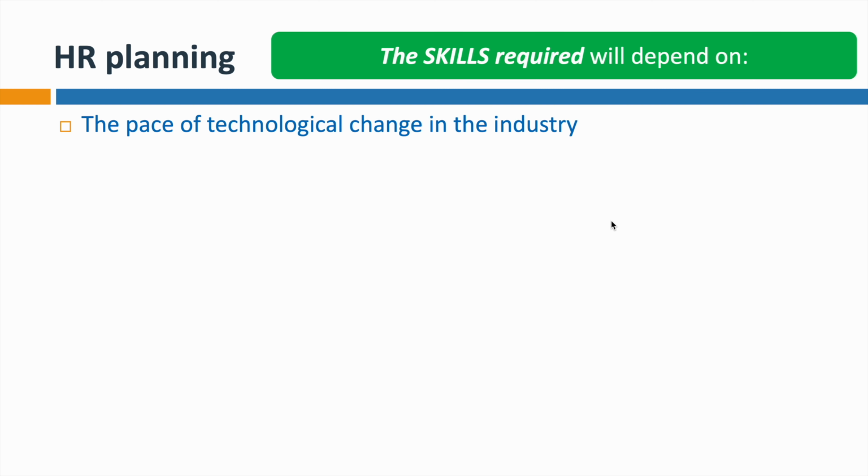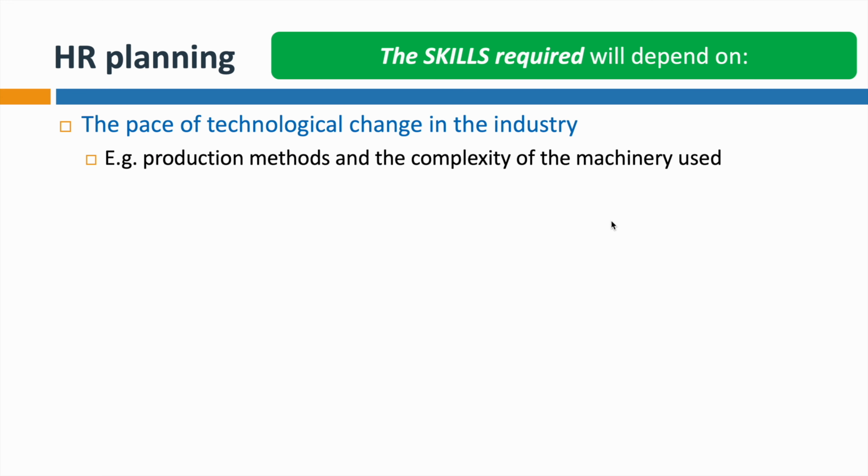How is that going to affect it? Think about it. So the answer is that the production methods and the complexity of the machinery used is probably going to affect the skills required, in the sense that we're probably going to need more skilled workers or differently skilled workers.